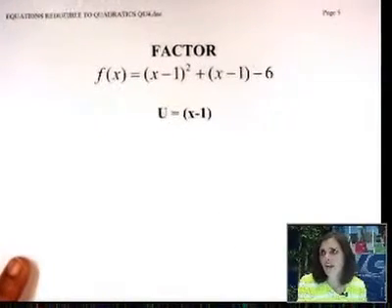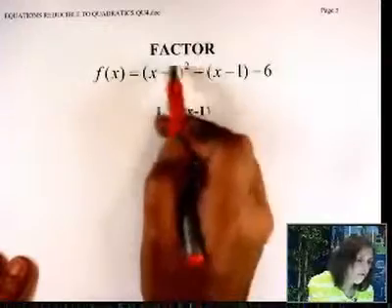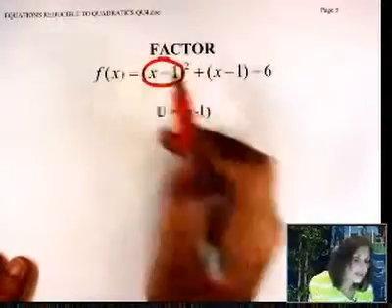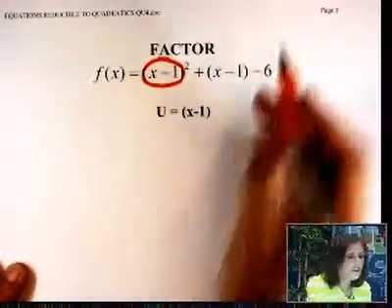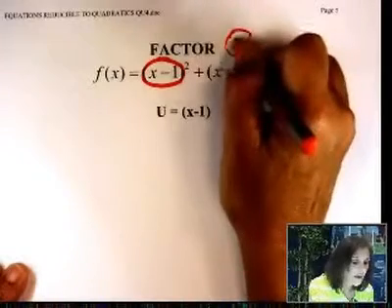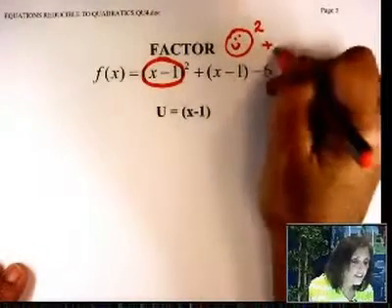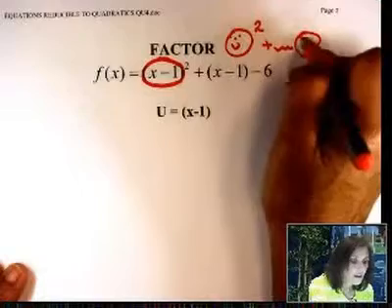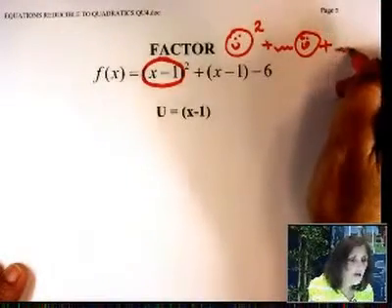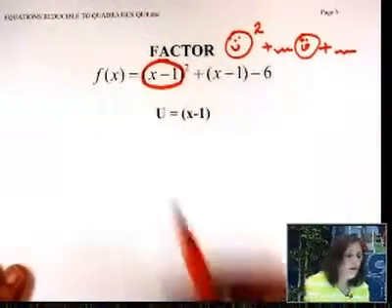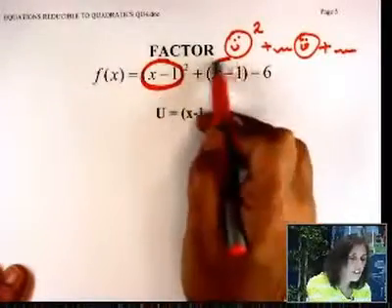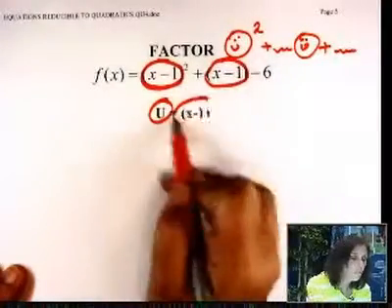Now I'm asked to factor. I'm going to pick this. So I know that a quadratic equation looks like this. Squared something plus something else, right? So I'm going to look at this quantity together. I'm going to call it u.